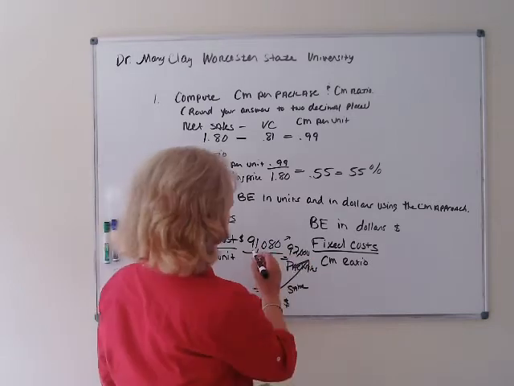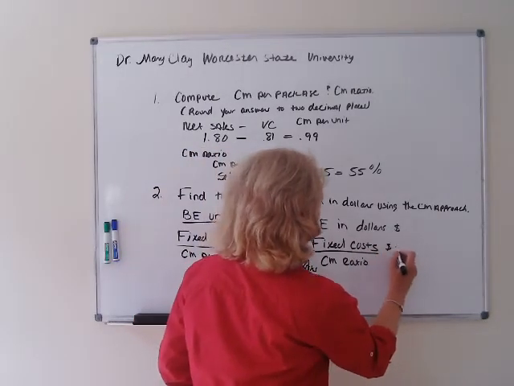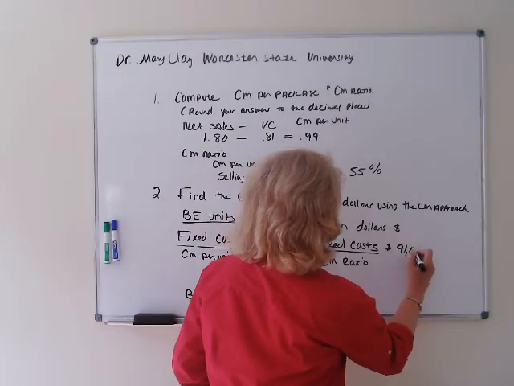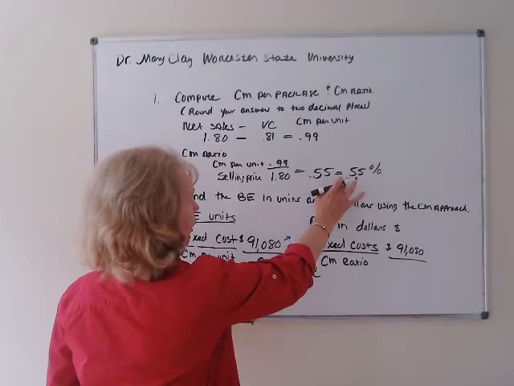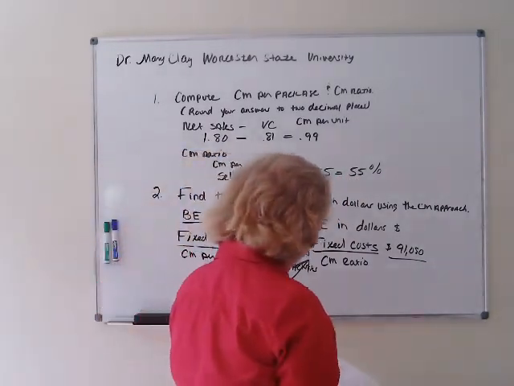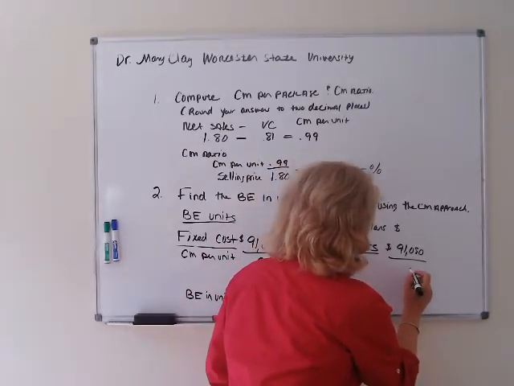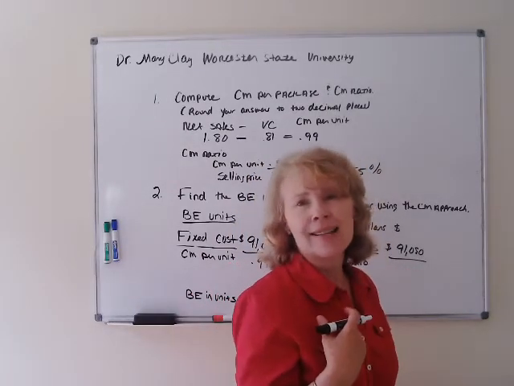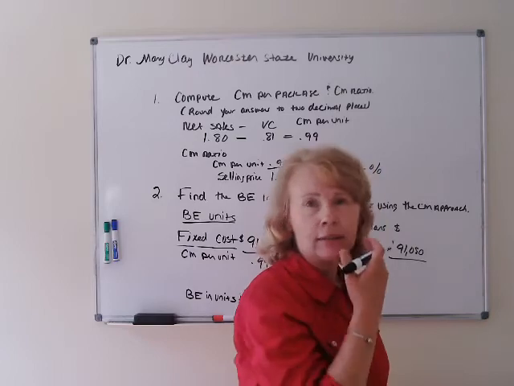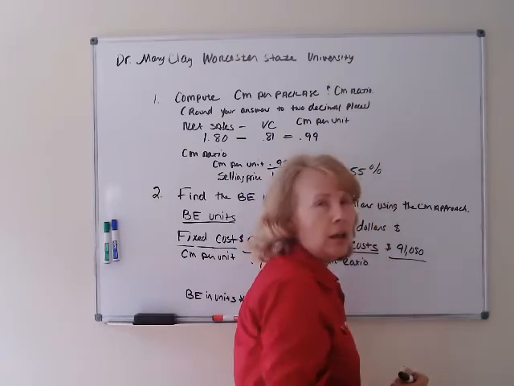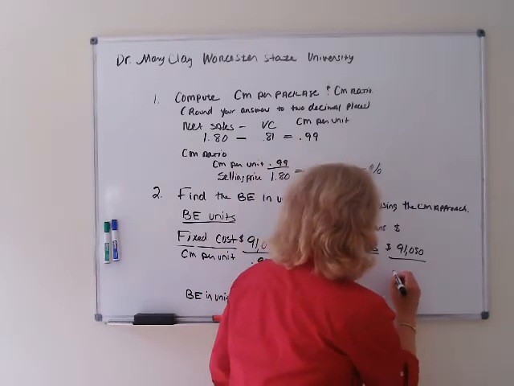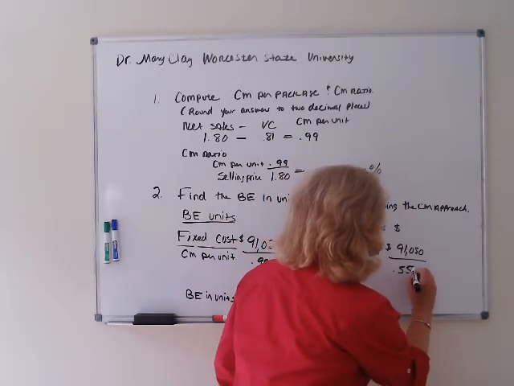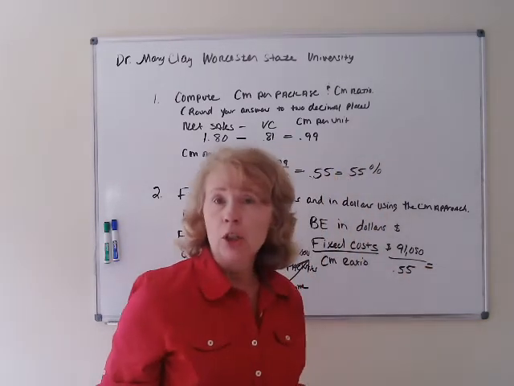So this I can just copy over, 91,080. Then I divide it by the CM ratio, which I figured up here. If you want in your notes, I like decimals. If you have me in class, I use decimals a ton. The publisher is showing that as a percent, whatever you want to use. So I'm going to show you it's 0.55 when you're working in your notes.